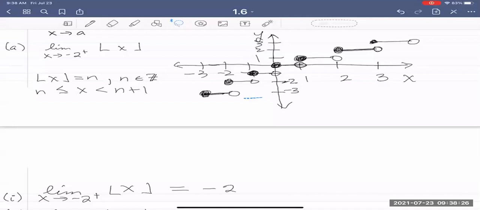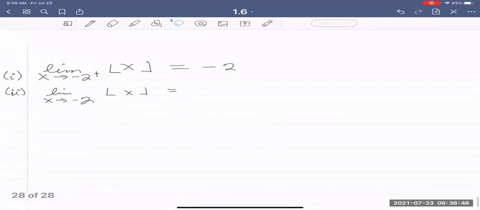As I approach from the right, the values are always -2. As I approach from the left, the y values are always -3. So the right-sided limit approaches -2. The left-sided limit approaches -3. Therefore, since these two limits are not equal, the two-sided limit does not exist. So my two-sided limit does not exist.